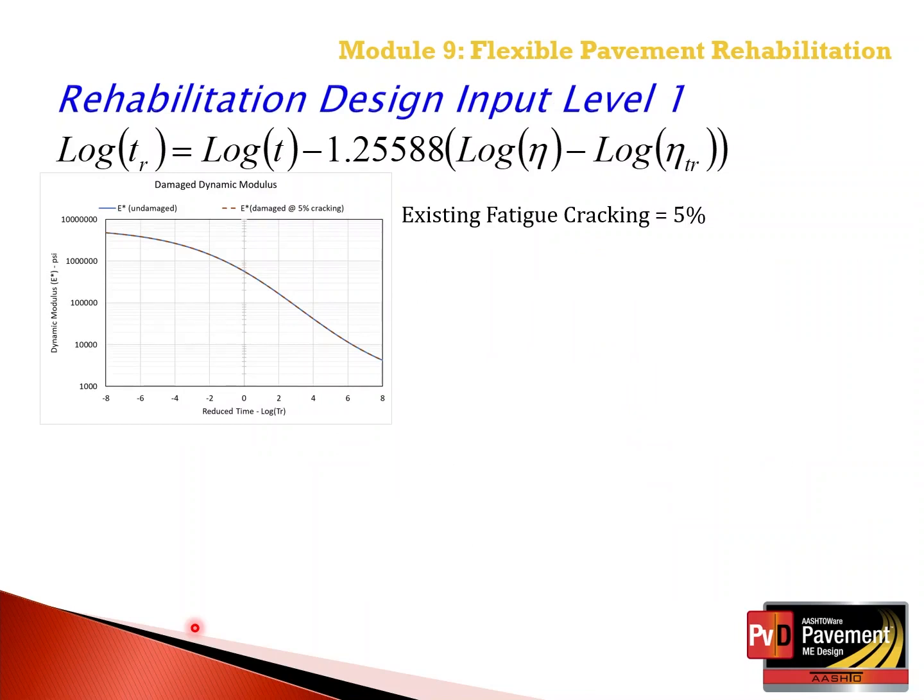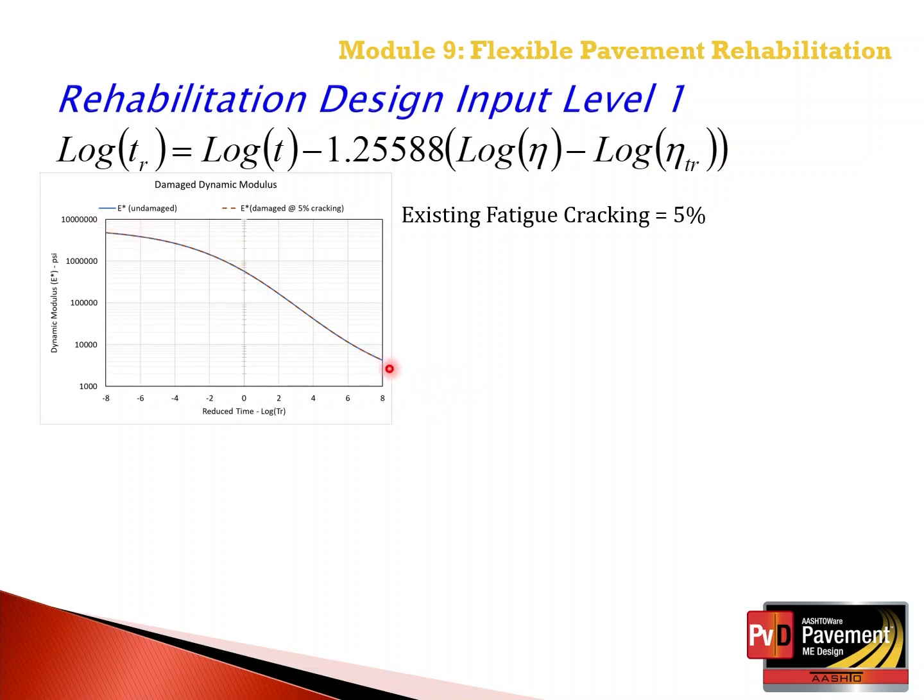This now shows an example where we have an existing fatigue damage of 5% total percent lane area. You can see that there's almost no difference between the undamaged laboratory measured master curve and the back calculated elastic modulus of the existing asphalt layer from deflection test.